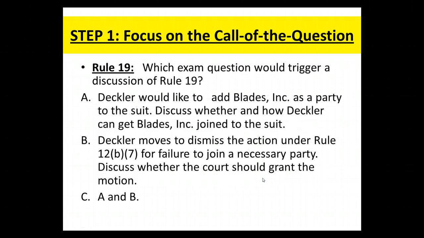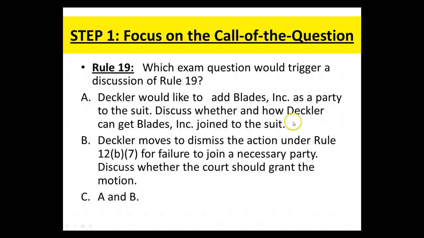Let's look at the Rule 19 question. Which one of these exam questions would trigger a discussion of Rule 19? The answer to this is C, both A and B. In this, you see two different ways to stylize a possible raising of Rule 19. If you note, option A is very similar to the call of the question we saw just in the last iteration.